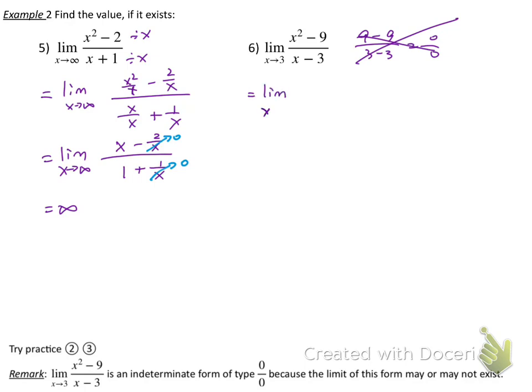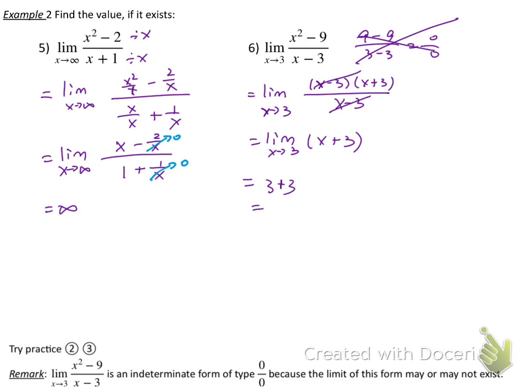But if you factor the numerator, and cancel the denominator, it will just be the other factor, x plus 3. Now you can do direct plug in, 3 plus 3, which is 6. So for questions 5 and 6, you need to use some basic algebraic tricks to find the limits.